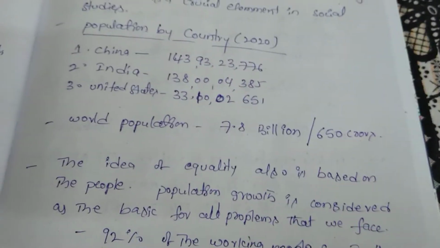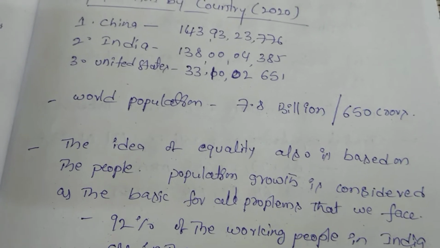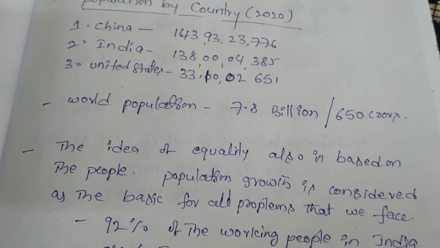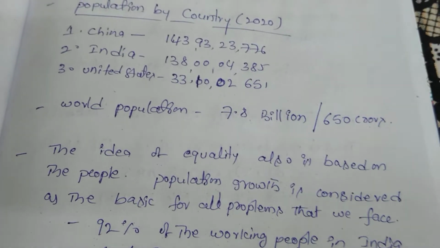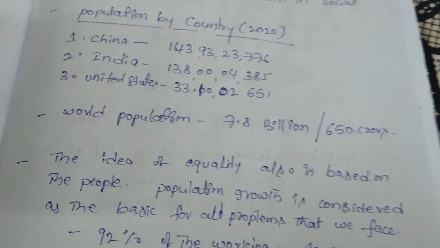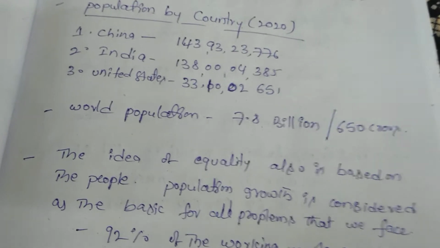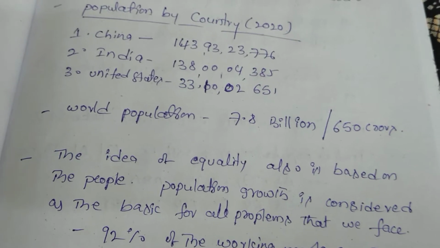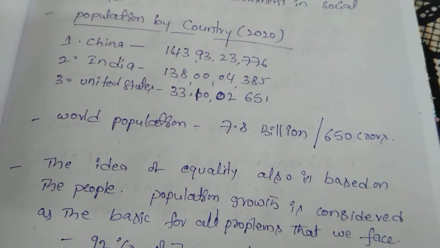When population is increasing, according to the population growth, the development should be increased. The facility should be increased. If the facility is not increased, so what happens? All the people will face different problems.